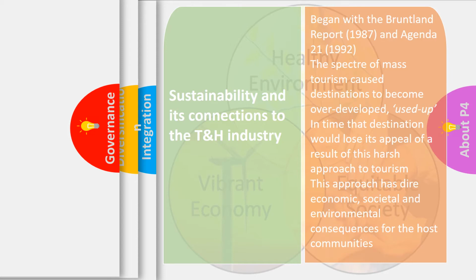And sustainability, in terms of the Brundtland report and Agenda 21, was looking at different areas, and the sector of mass tourism caused destinations to become overdeveloped and used up in time. The destination would lose its appeal as a result of the harsh approach to tourism. This approach has dire economic, social and environmental consequences for the host communities.